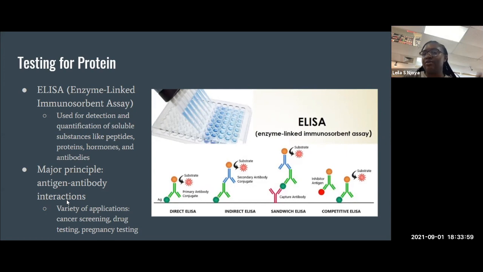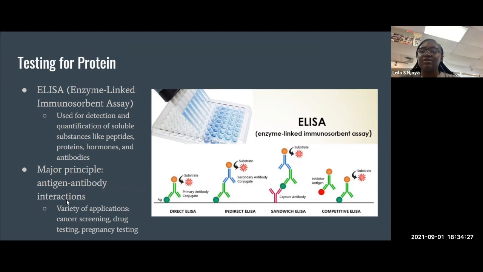After that, you'd wash your samples, and then you would load a secondary antibody, and that would bind to the BCRP, and it would have to be specific for the BCRP. That secondary antibody would have an enzyme linked to it, and then you'd wash it, and then you would load a substrate that is specific for that enzyme on the secondary antibody.